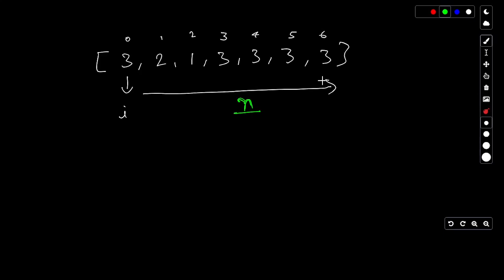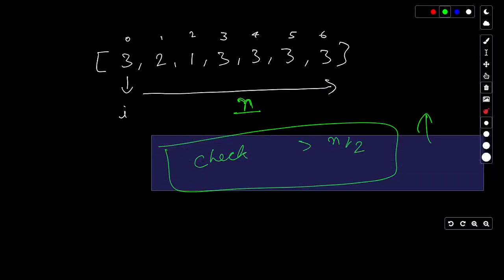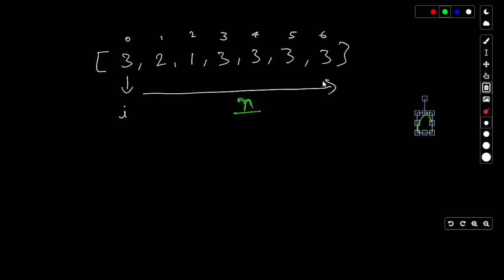I'll run this ith pointer, count each and every element, and then check if that count is greater than n by 2. That is the very basic solution, but the time complexity is really high, and we wouldn't take it as our solution. We would want a better approach than this.